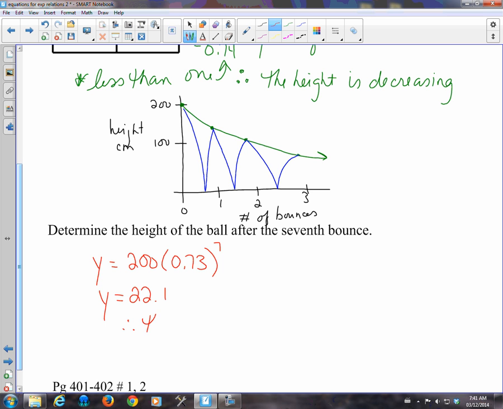So therefore, the ball is about 22.1 centimeters.